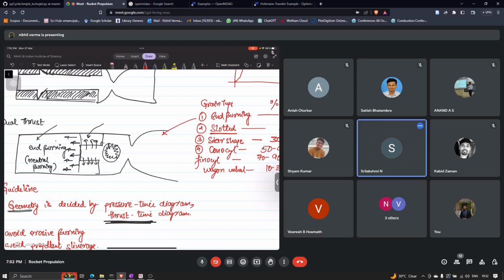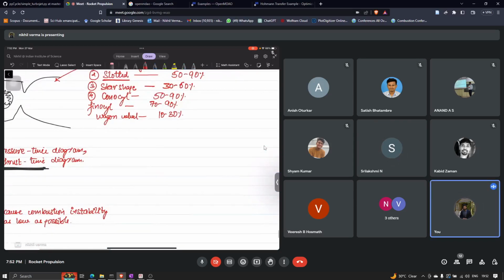So probably what we should do is integrate from 0 to t_burn, 1 upon t_b, into dt, right? Yes, you have to integrate this over time and divide it by the burn duration.